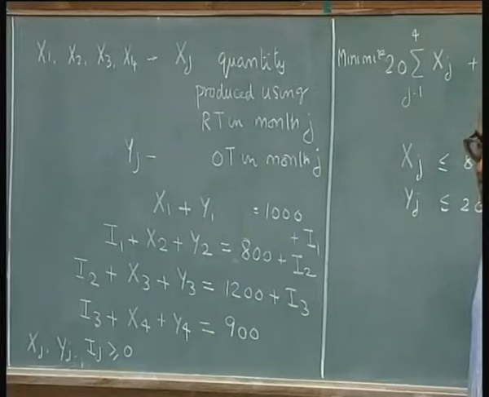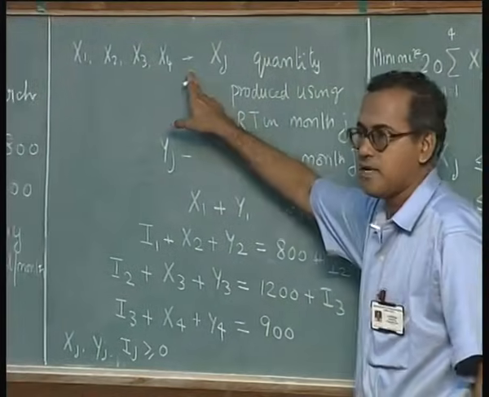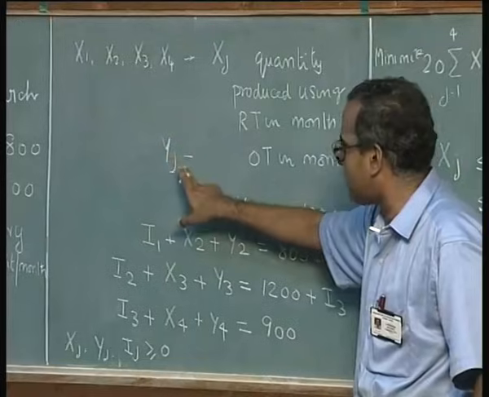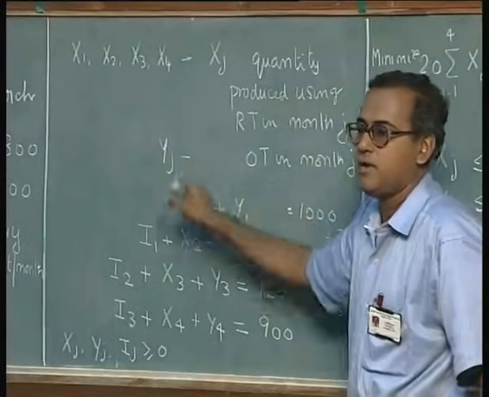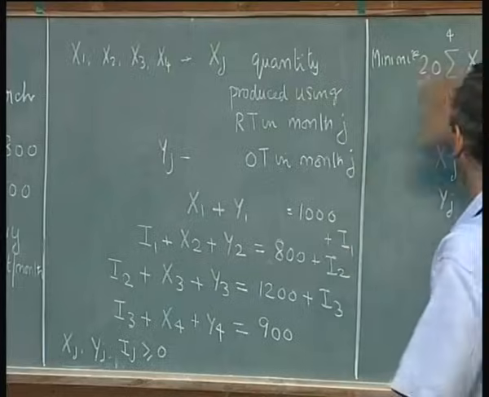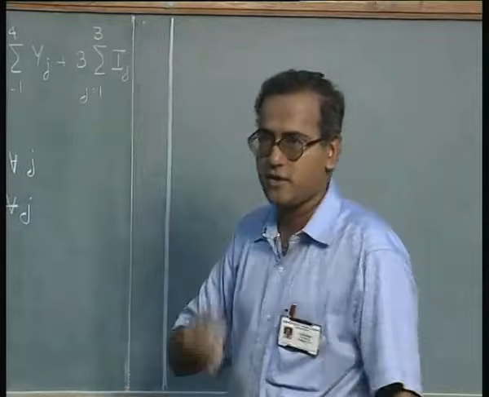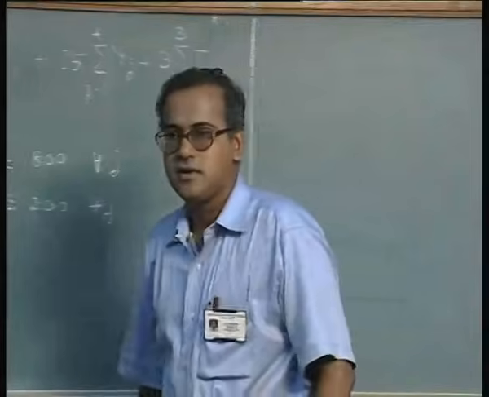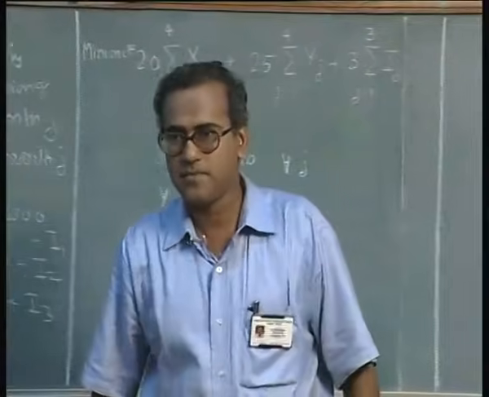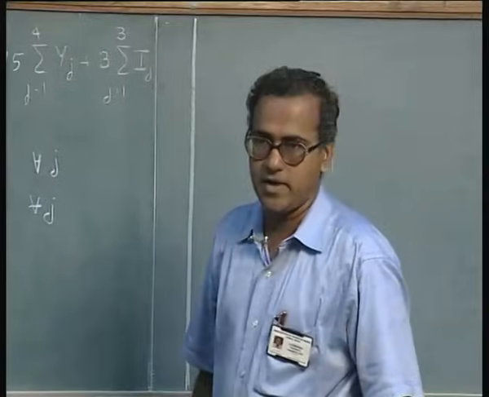So, we have 12 constraints and 11 variables: 4 variables x1 to x4, another 4 variables y1 to y4, and another 3 variables I1 to I3. So, this formulation has a minimization objective, which is different from the maximization objective that we saw in the earlier example. It has 12 constraints and 11 variables.